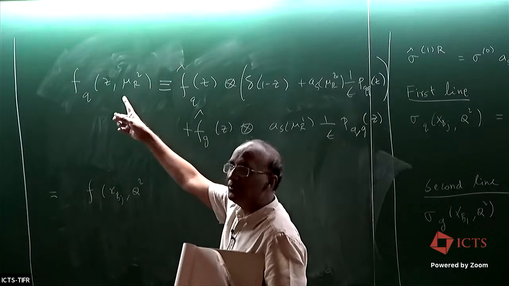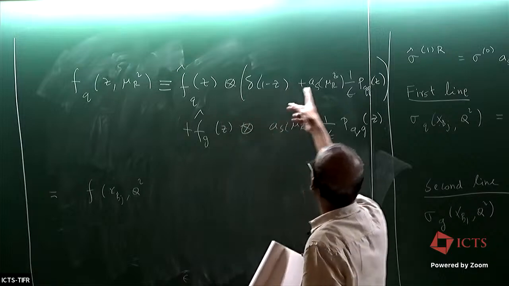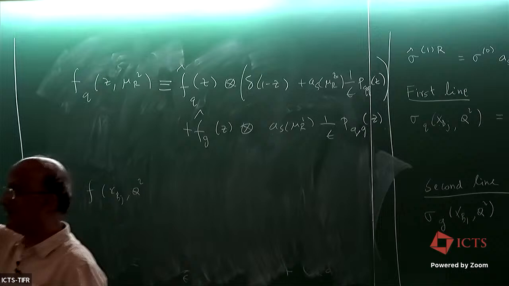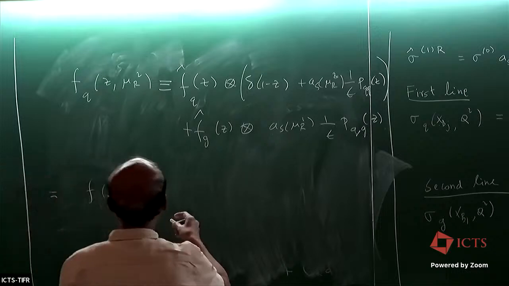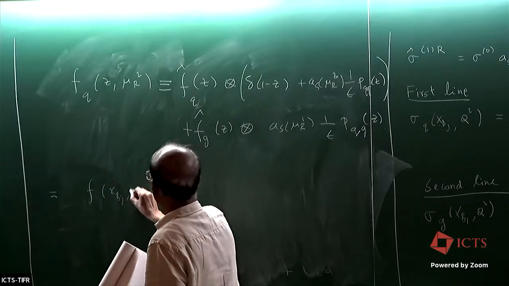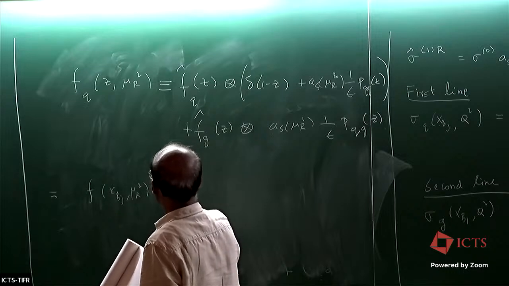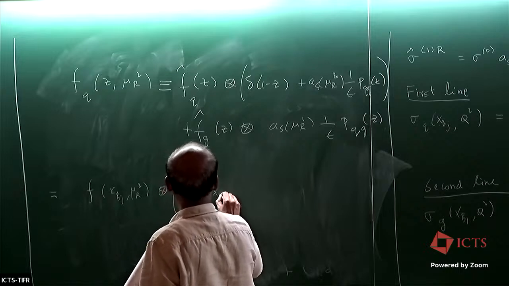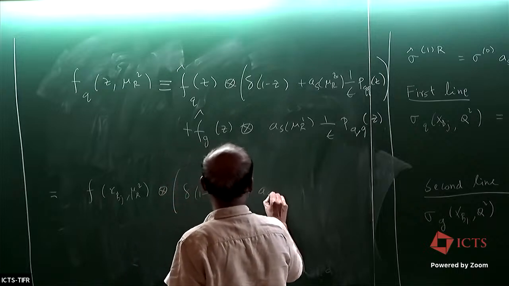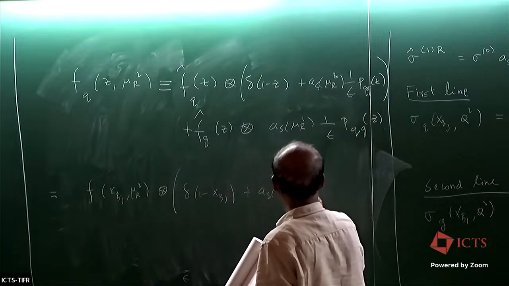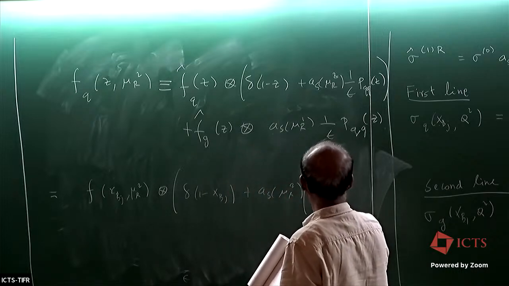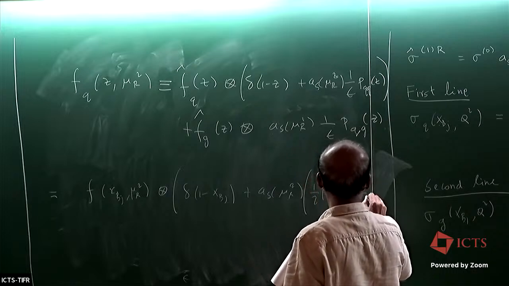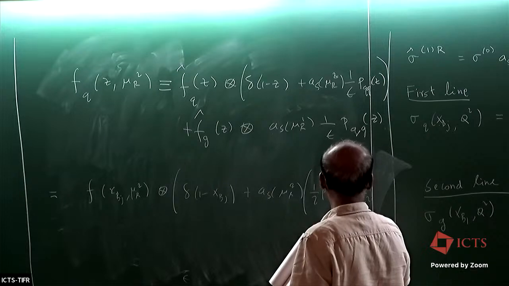I introduced some scale here, mu_r squared, because the right hand side contains mu_r squared, so I need to introduce mu_r squared. Originally that F does not contain any scale dependency. So this will be alpha_s of mu_r squared times delta(1 minus x_Bj) plus alpha_s of mu_r squared times half of P_QQ, a log of Q squared over mu_r squared, plus F_Q of z.